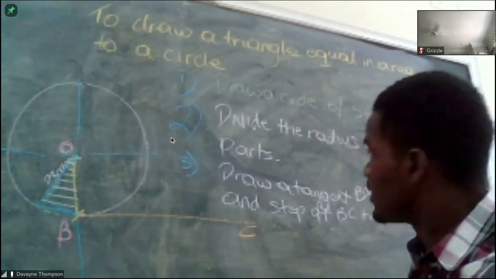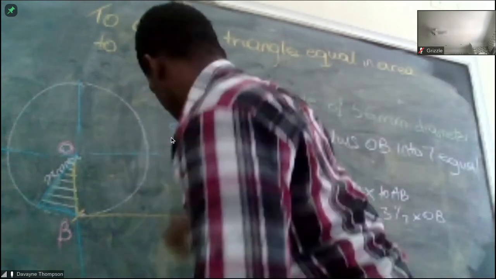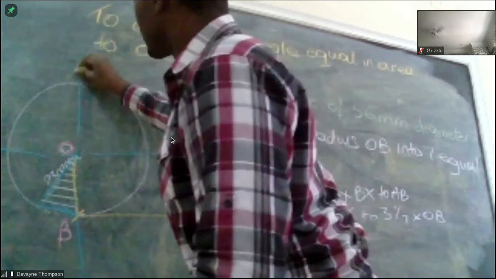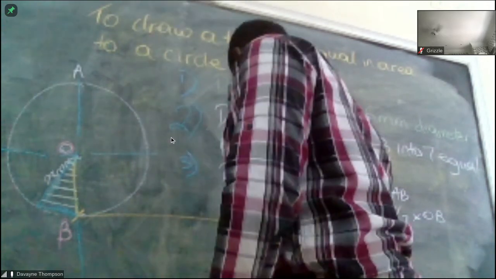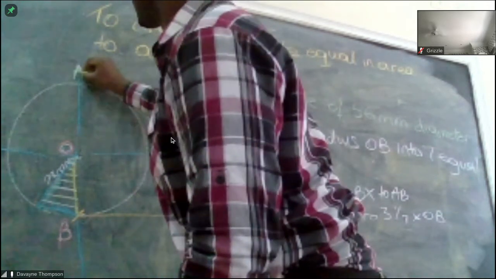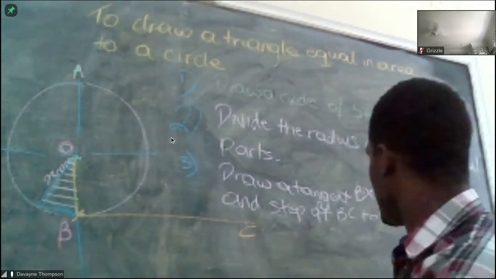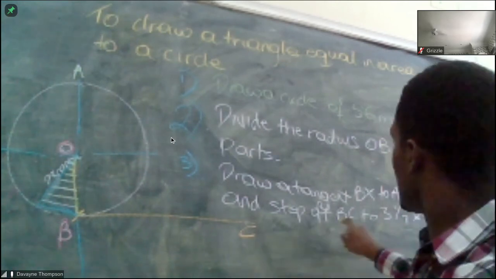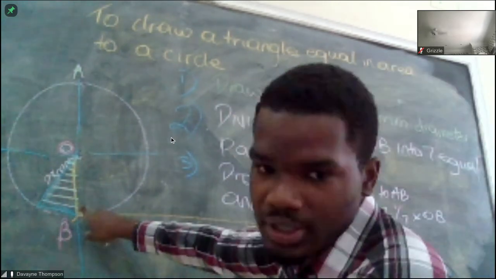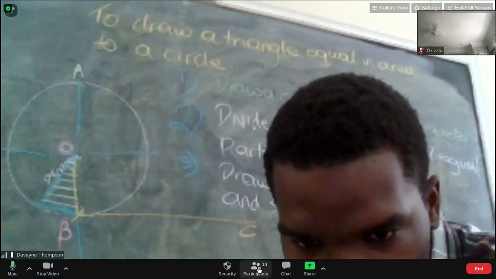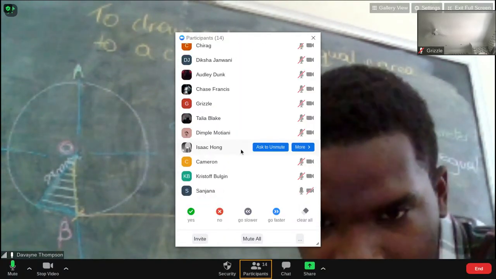Okay? Label here A. And this will be... So, you're going to find for me quickly each division. That's Sanjana.